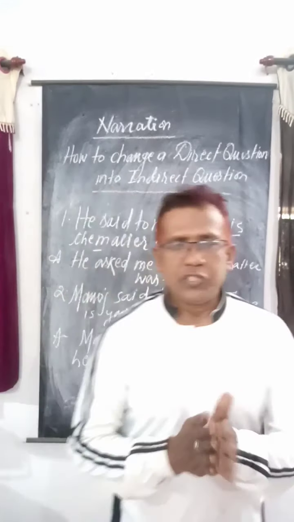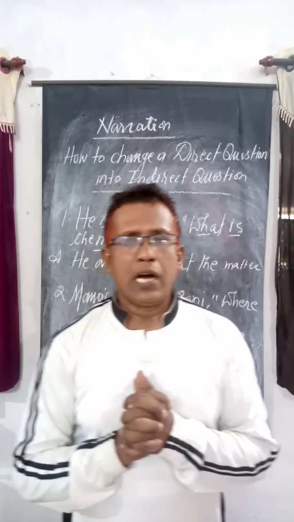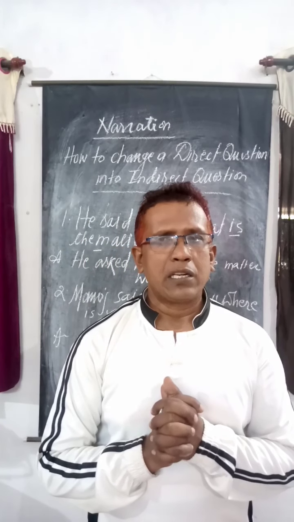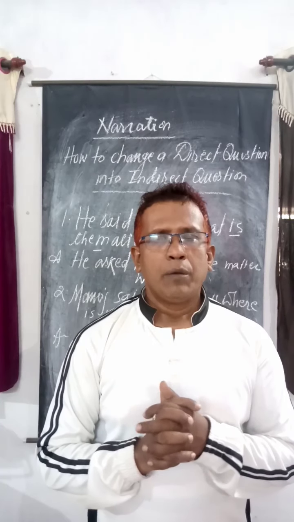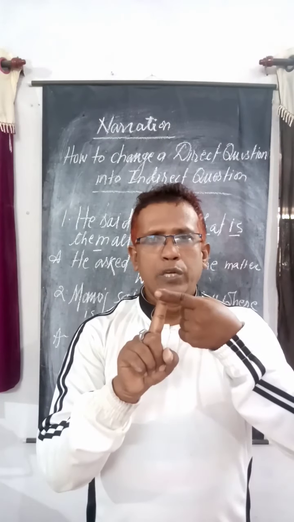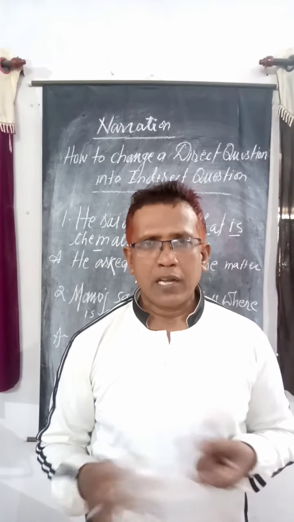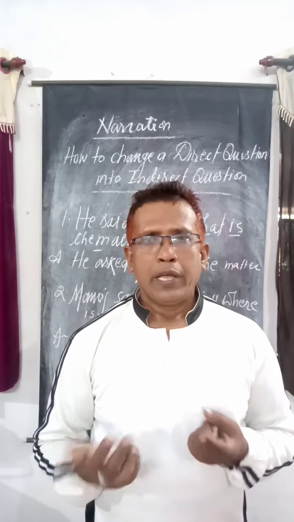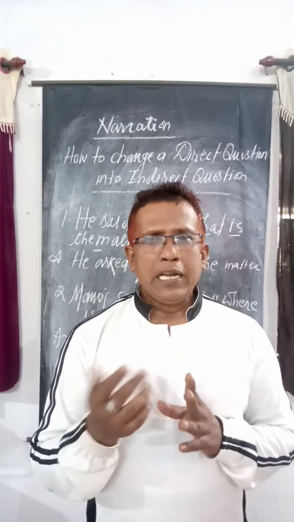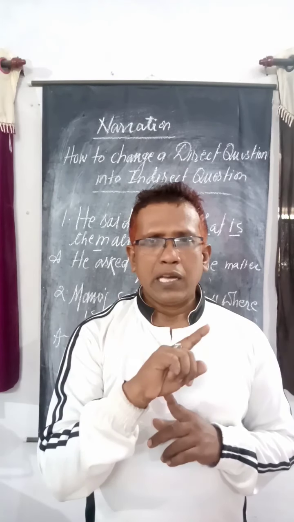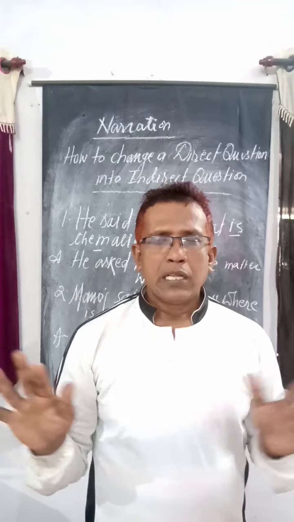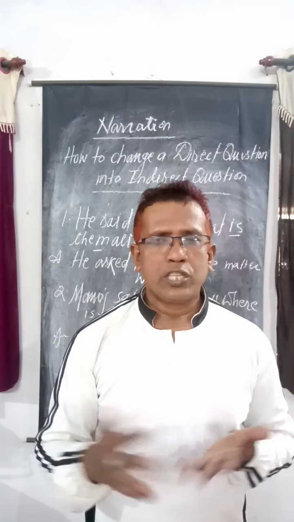So for changing a direct question into indirect, there are some rules. First of all, "said to" is changed into asked, inquired, or wanted to know. Second, there is no comma, no inverted commas, and no question mark.